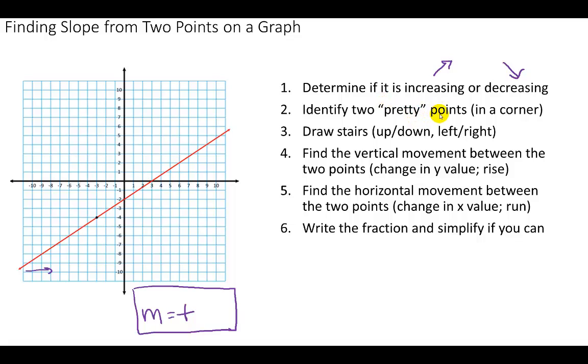So we need to find 2 pretty points, which means 2 points that we know both the x and y values. We see this point meets up at a corner. We see on the x-axis, it's at a negative 3, and on the y-axis, it is negative 4.